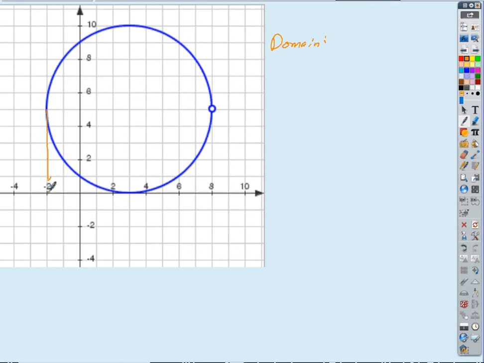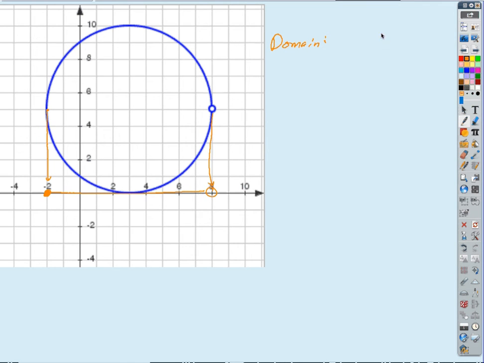Yeah, so -2, and do we include that? We do, good, because there is a place right here that actually has that value, right? So we'll include that x value. What's our upper limit? 8, okay, right here. Do we include that one? No, open circle, so we don't include that one. And so there's a graph of our domain.